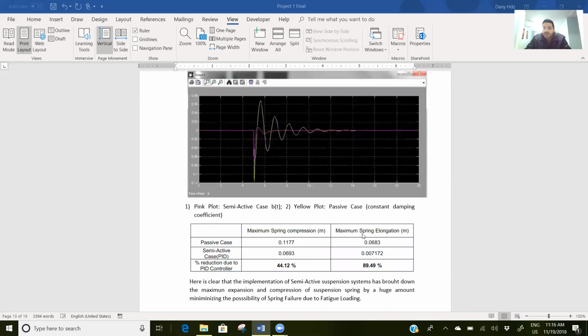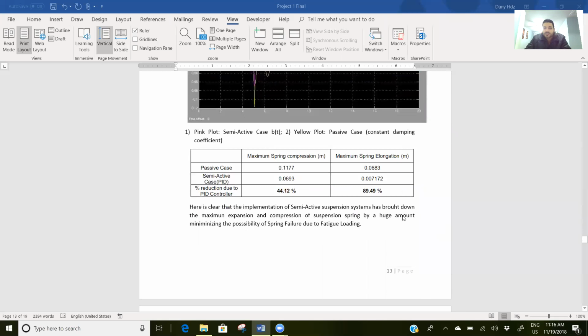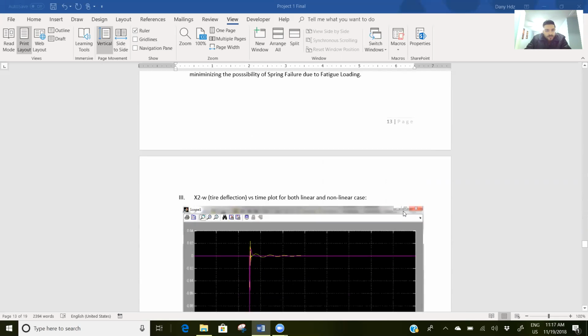The maximum spring elongation in meters for the passive case was 0.0683 versus 0.007172 for the semi-active case, which this time was reduced by a bigger number, 89.49%. So it's clear that the semi-active suspension system has brought down the maximum expansion and compression of the suspension spring by a huge amount, minimizing the possibility of spring failure due to fatigue loading.